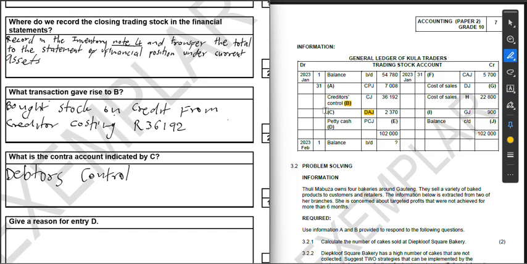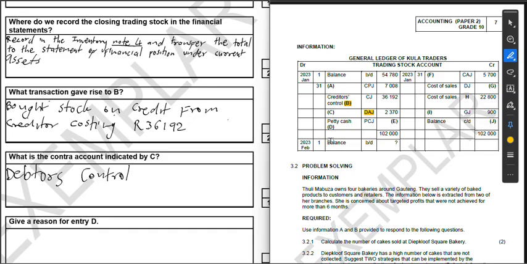We go to the next question, which says give a reason for entry D. Look at entry D there. It says petty cash. Now we found D there, so that's petty cash. So ladies and gentlemen, petty cash usually is cash that we keep in the business. It's not a whole lot of money.